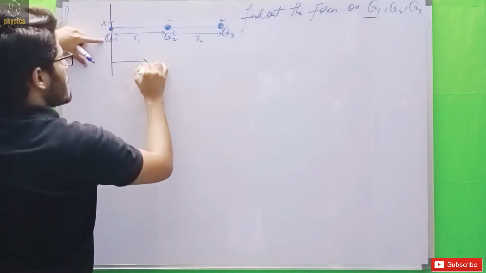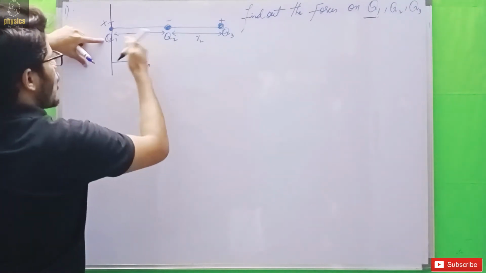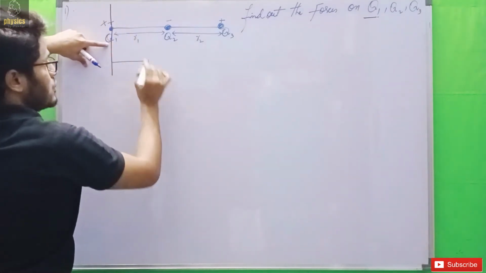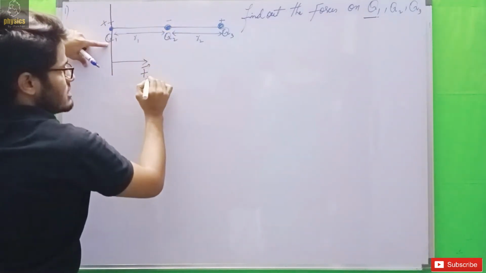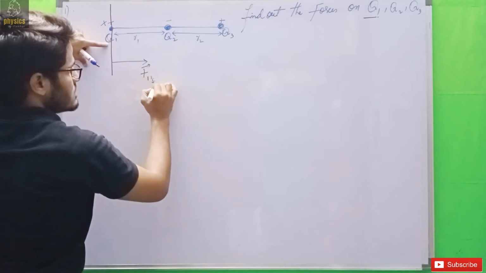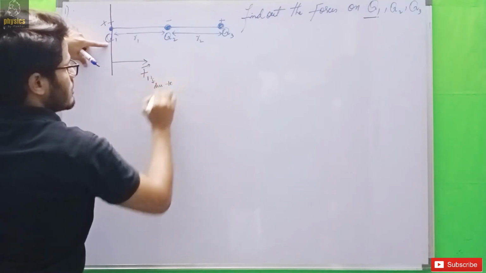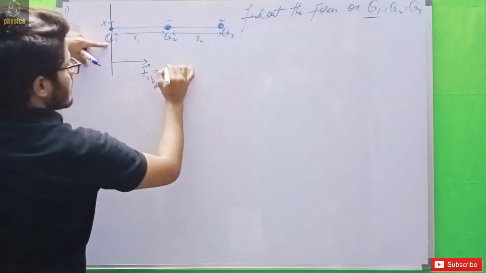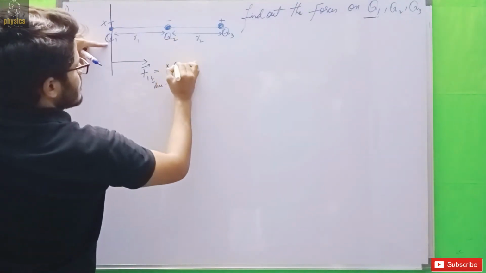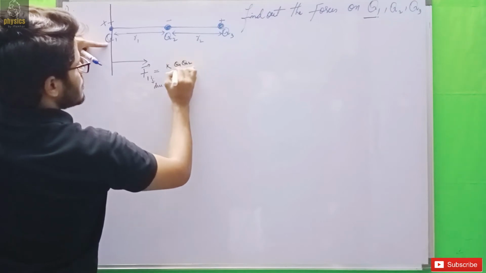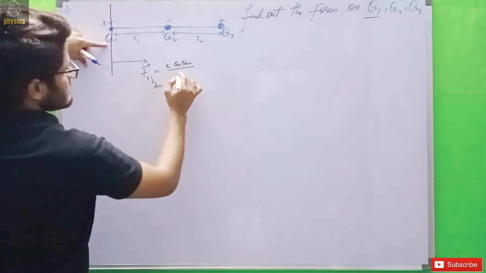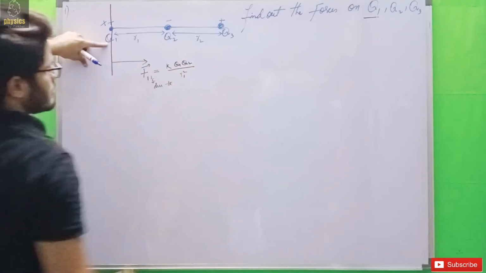Force on q1 due to q2, so you have to write 2 here. This 2 represents due to which particle you are calculating. So this force will be k q1 q2 divided by the distance between them squared, that is r1 square.